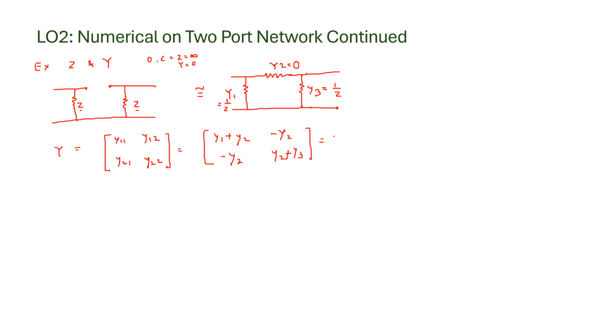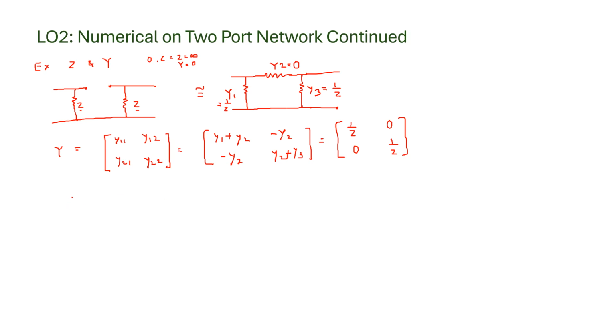So what is y1 plus y2? You can see here now 1 by z plus 0, so it will be 1 by z. Y2 is 0, so you can put a 0, and here the off-diagonal value is again 0, and here we will have 1 by z.